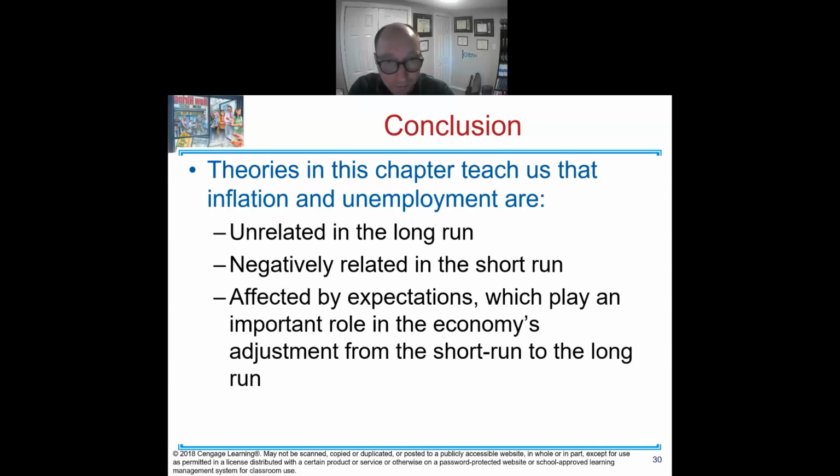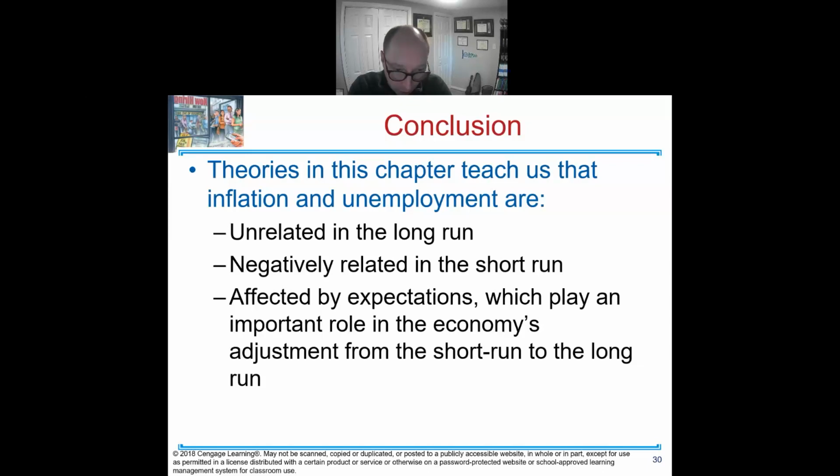So in conclusion, it's important to remember the Phillips curve. In the short run, at times of high inflation, there is low unemployment, meaning a lot of people are working. Also, in the short run, when there are times of high unemployment, there's low inflation.